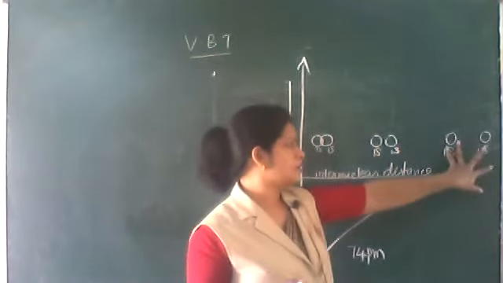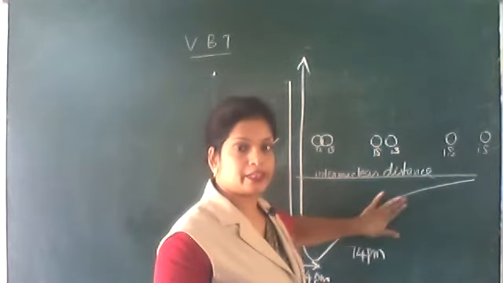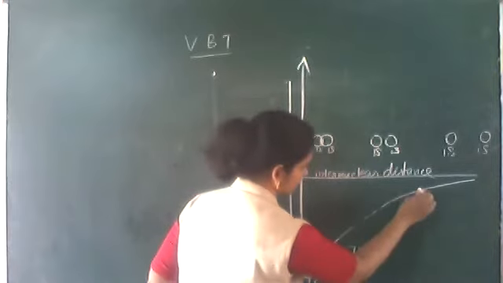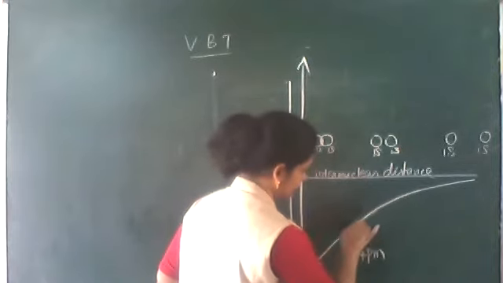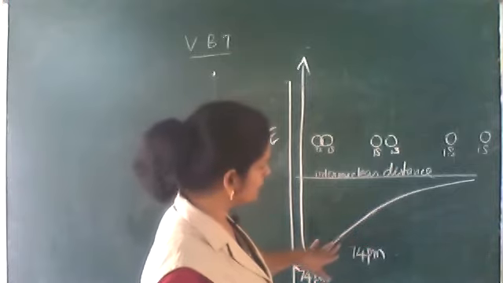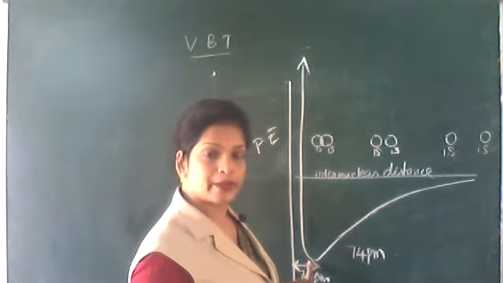First they are coming from far away, coming closer, potential energy decreases, and finally it keeps decreasing, and the bond is formed here, 74 picometer bond length.